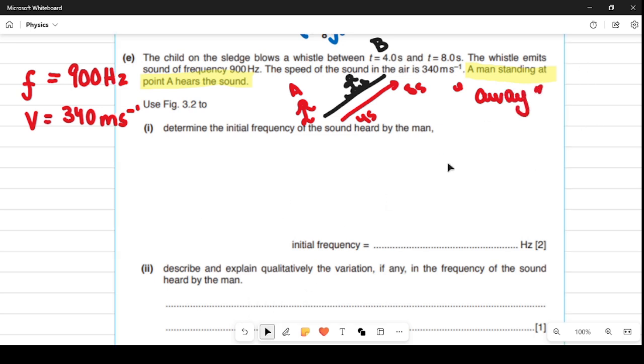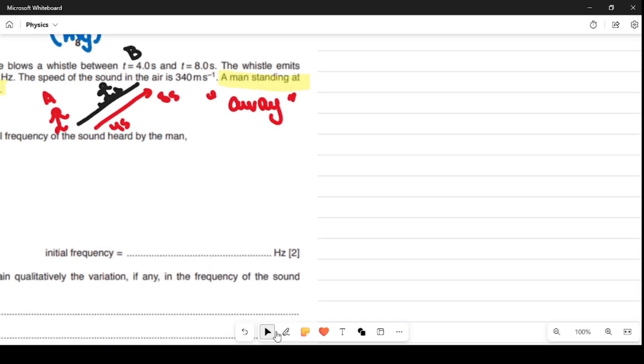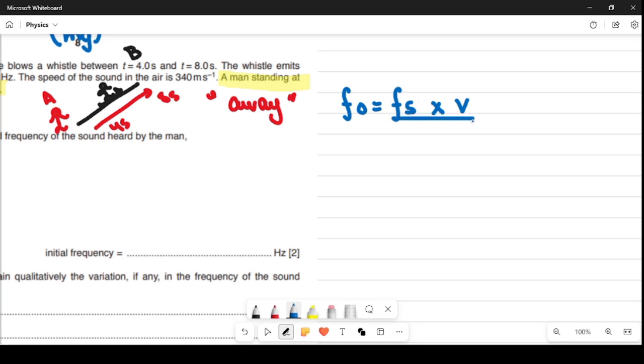What is your formula? The formula for observed frequency says that F observed is equal to the frequency of the source times the velocity of the medium in which we are calculating the frequency. In this case, it is sound in air, so the velocity of sound in air, divided by the velocity of sound in air plus or minus the velocity of source.